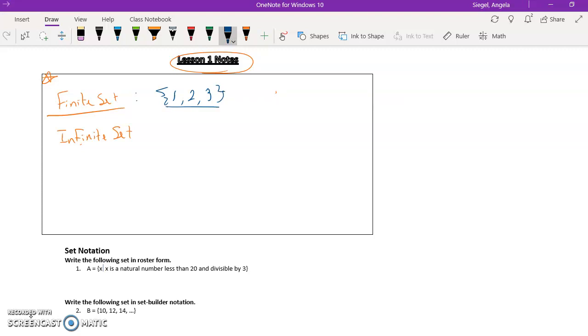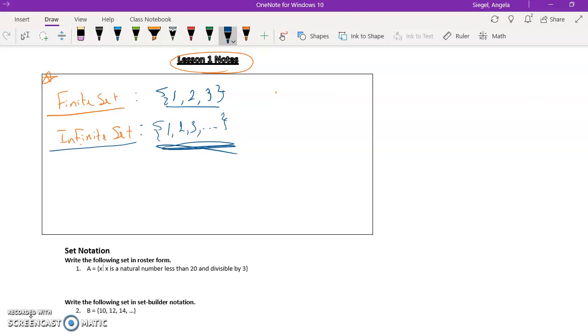Easy peasy. But an infinite set, that's a little bit more difficult to describe because a lot of times you can say 1, 2, 3, ... and that means 4, 5, 6, 7, 8, 9, 10, 11, 12, all the way to infinity. So there's not a number that I can place on the number of elements in this set. So that's the difference between the two.